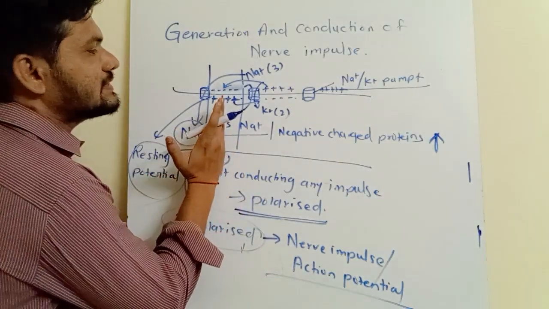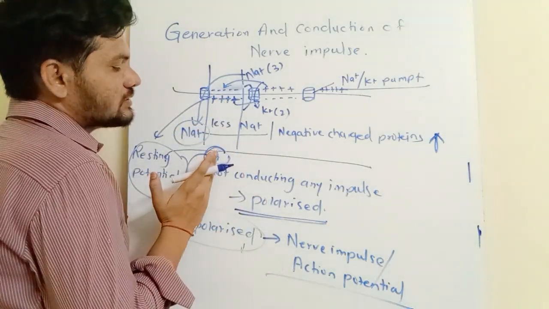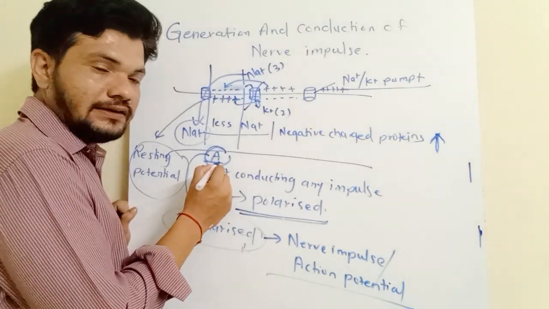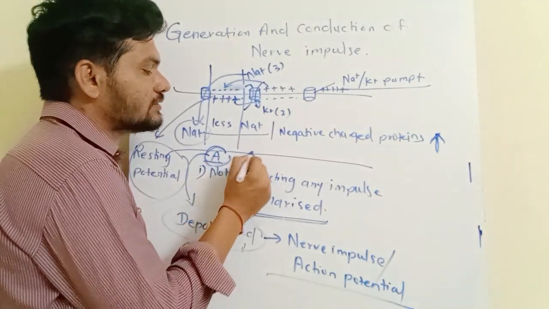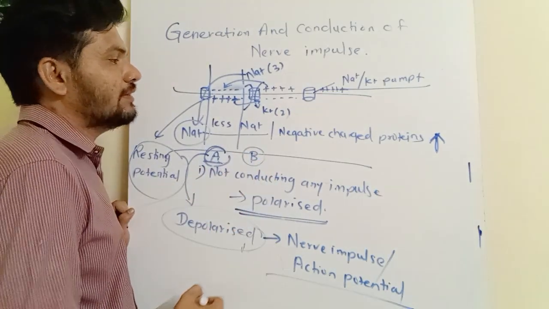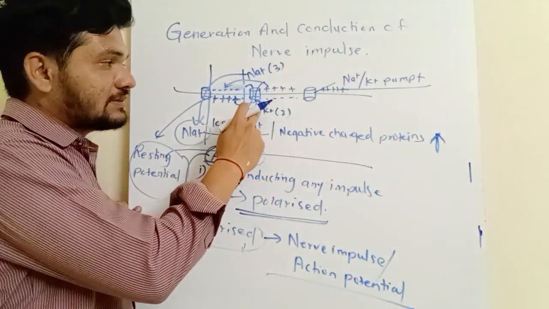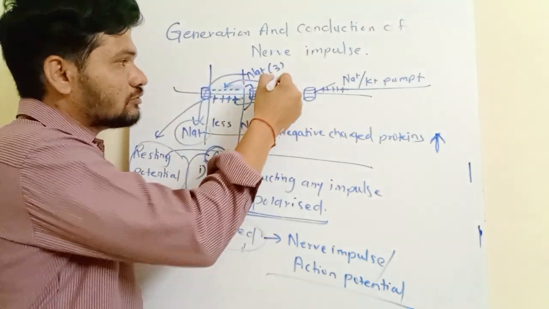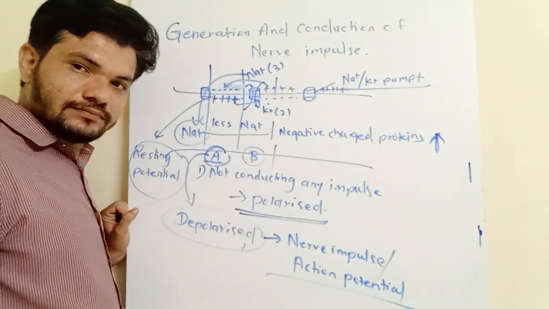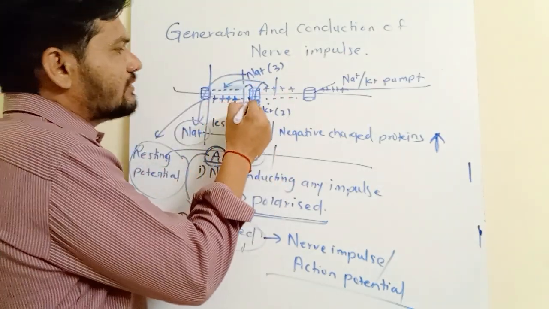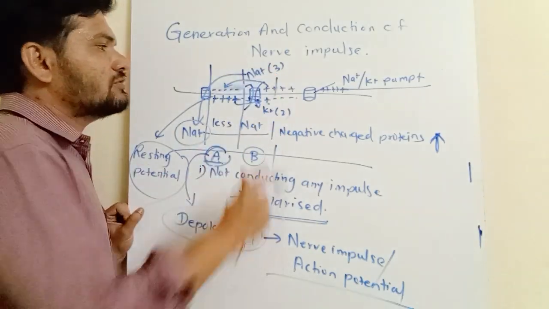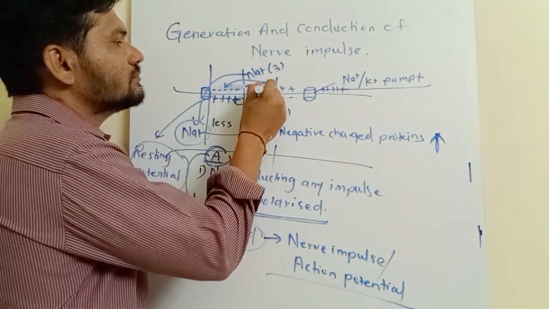So this impulse which was generated first here at site A comes to site B. Let's say this is site B, and the polarity will be again reversed at this site. So again the inside will have a positive charge, the outside will have a negative charge.